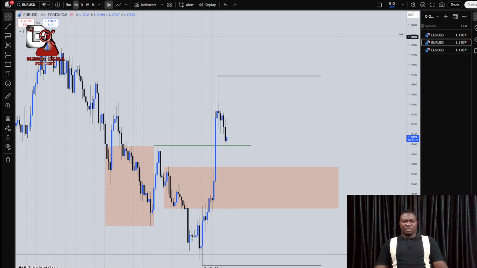So a reactional point is what we are looking for from within this level, and here becomes our dealing range. The actual level to buy from is from within this 50% dealing range, the equilibrium point.